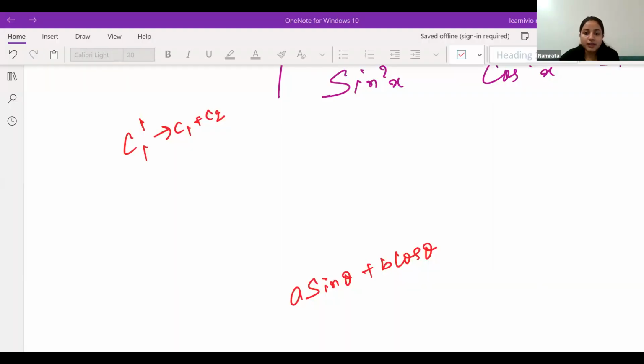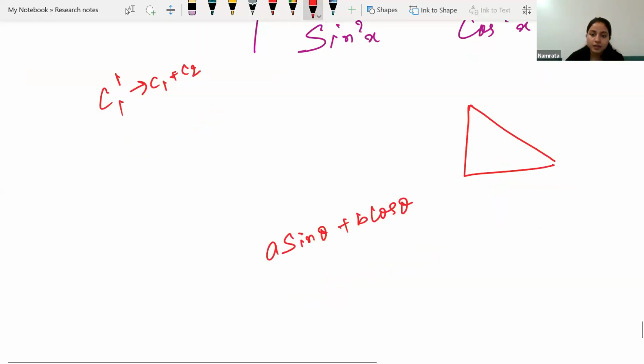Okay, so when we have a sine theta plus b cos theta, this type of arrangement, we can write it in another form. Let's say we have a right angle triangle. You can see my screen, right? Here we have 90 degrees, here we have theta.